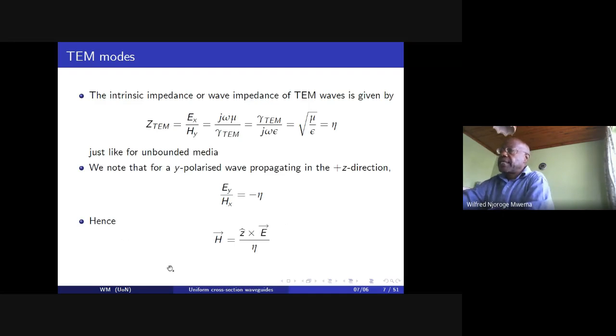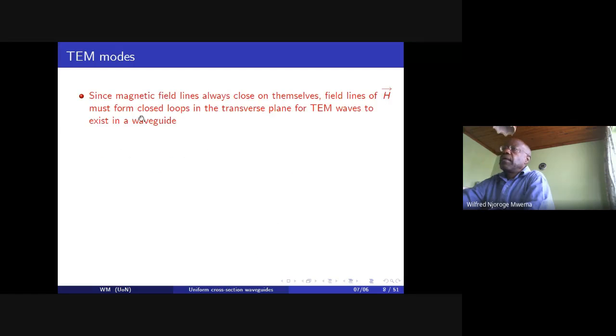Hence, the magnetic field intensity H can be written in terms of the electric field intensity as Z cross E divided by the intrinsic impedance eta that we have already obtained. Magnetic field lines always close on themselves. Whenever we have a magnet, we can cut it into as small a magnet as possible, but it will always have a north pole and a south pole.